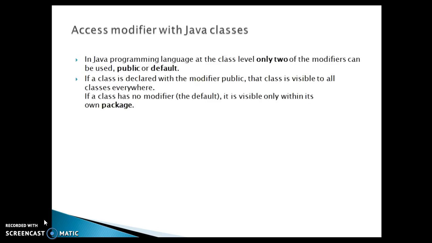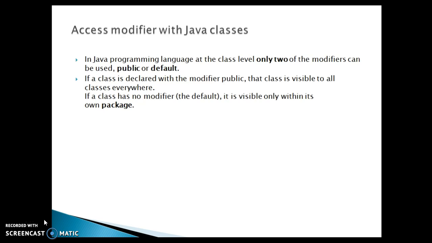Now when we talk about access modifiers with Java classes, at the class level only two of the modifiers can be used, either public or default. Here I am not considering inner classes. So if you create a class in Java, then you can have either a default or public access modifier.